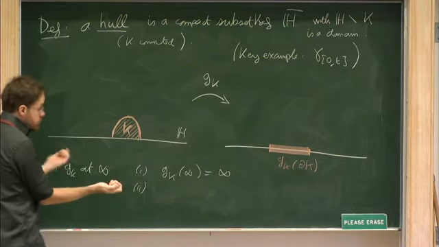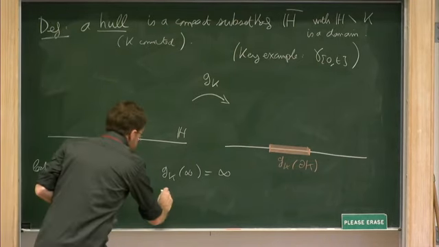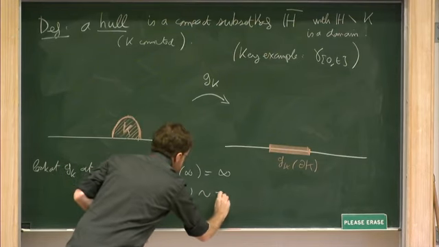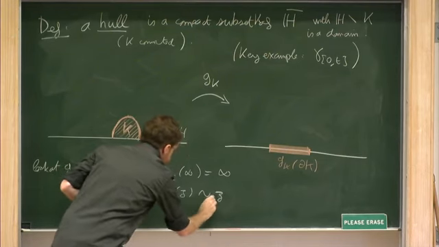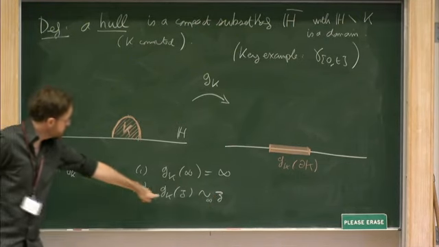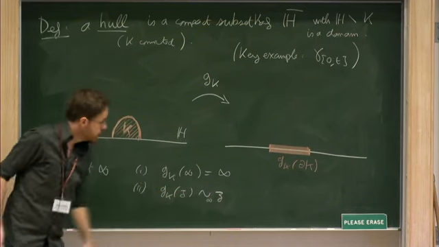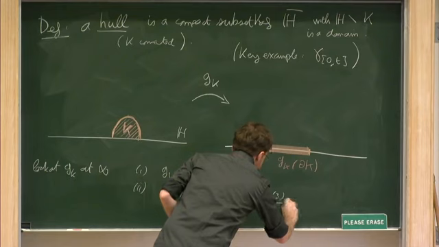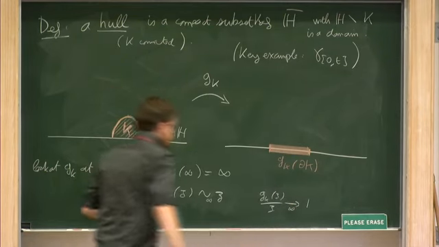The first thing to try to impose is to say that Gk of Z is equivalent to Z at infinity, so that the limit of Gk of Z over Z goes to 1 at infinity.